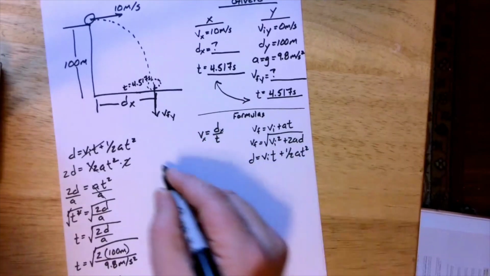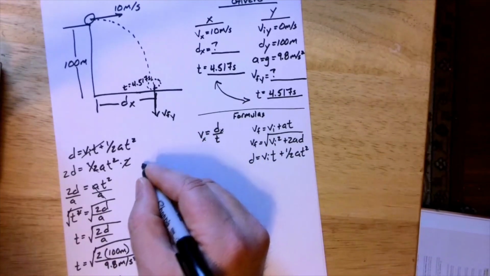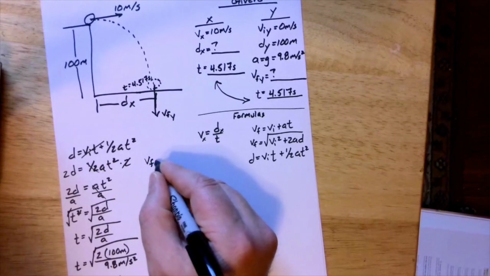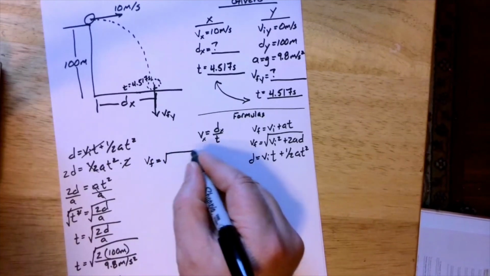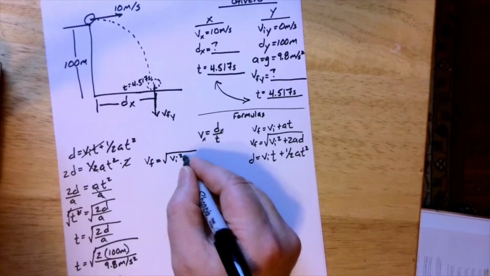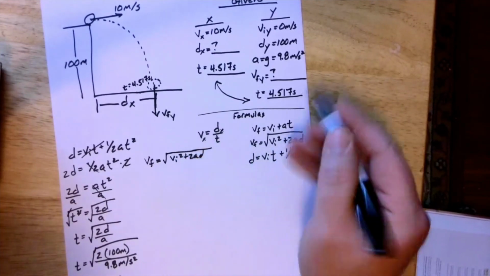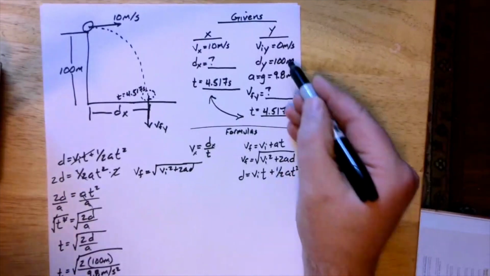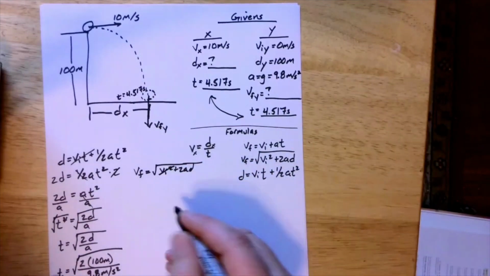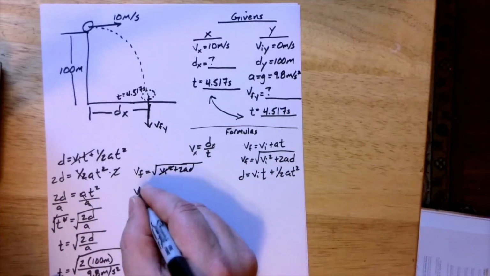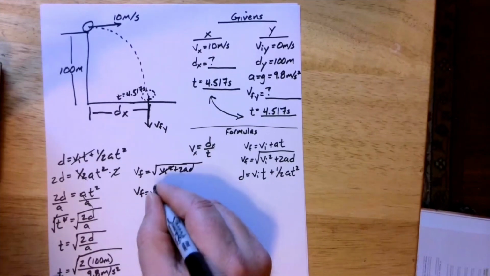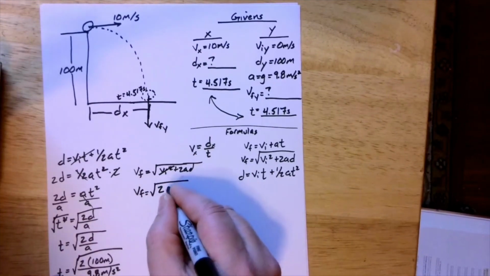Now, because of the equation, we don't have to rearrange it. So vf is equal to the square root of vi squared plus 2ad. And since the initial velocity is 0, we can ignore that and simplify it a little bit. v is equal to the square root of 2ad.